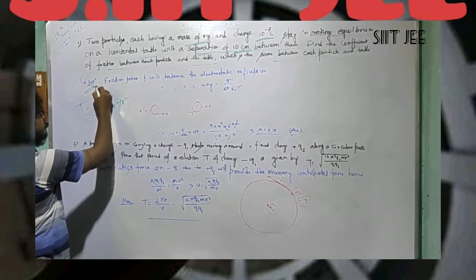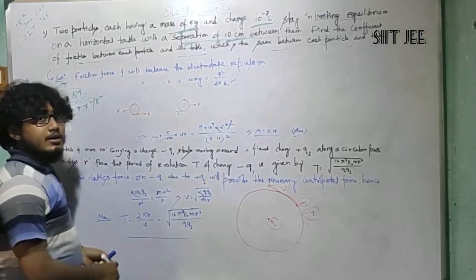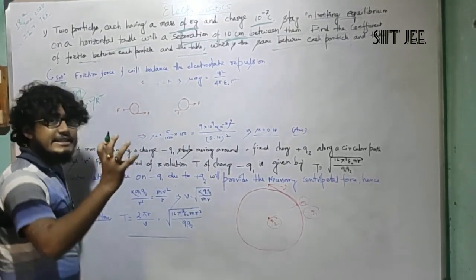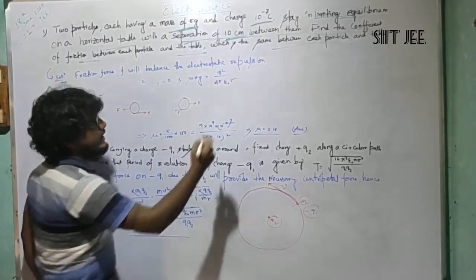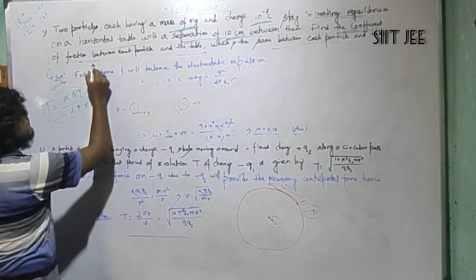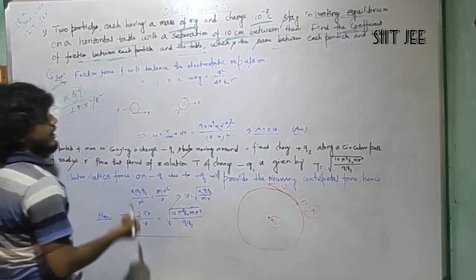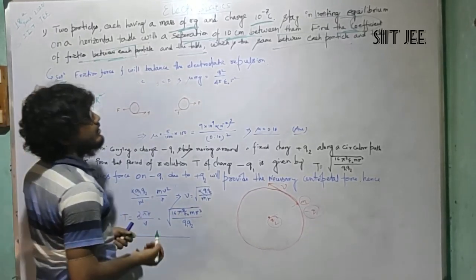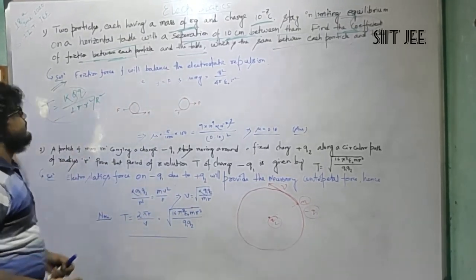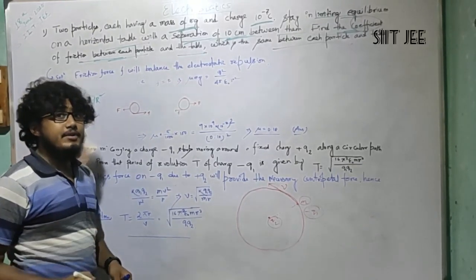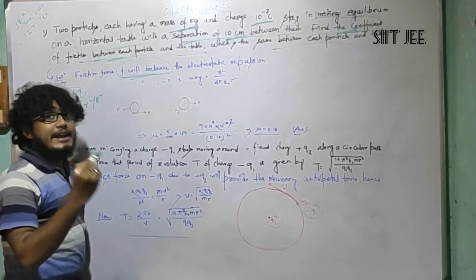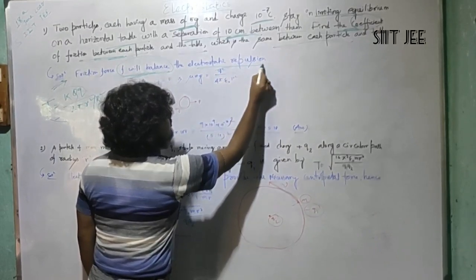Then solution. We know friction force F will balance the electrostatic repulsion.